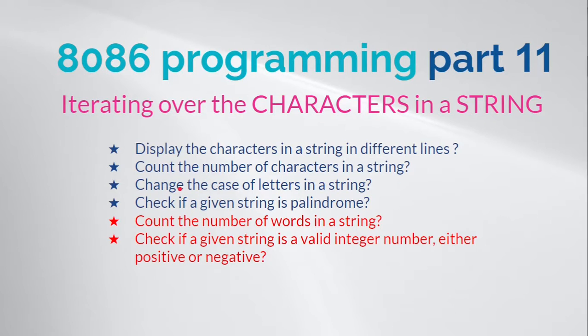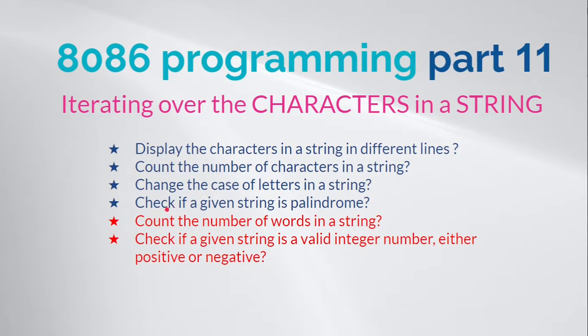Here, you might have to check whether the character is uppercase or lowercase, and accordingly switch the cases. But anyhow, the minimum thing is that you have to iterate over the characters one by one, and then in each iteration, you might want to apply a program-specific logic.